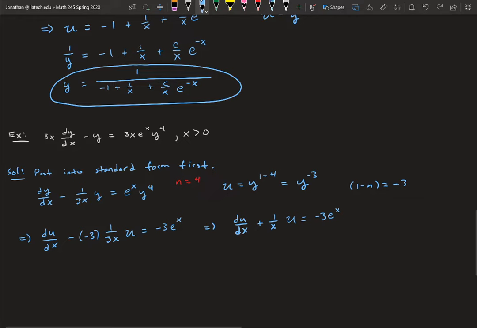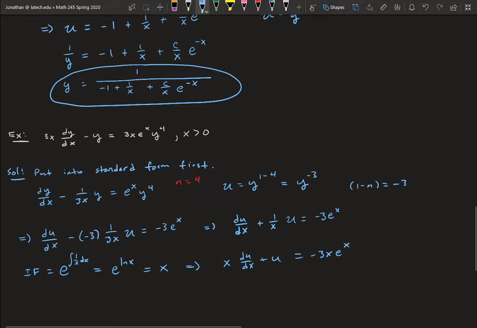So it looked really hard to begin with, but once we get to this linear equation, it's actually pretty straightforward, pretty easy. So it's going to be integrating factor. The integrating factor is e to the integral of 1 over x dx, which is e to the natural log x, which is just x. So we get x du/dx plus u equals negative 3x e to the x.